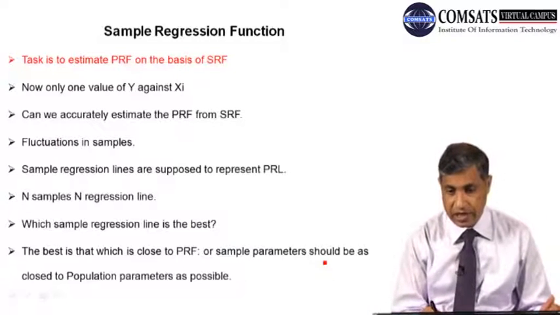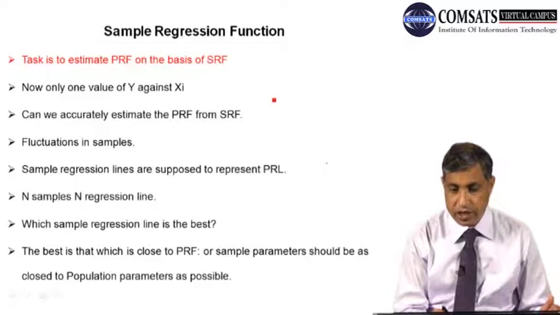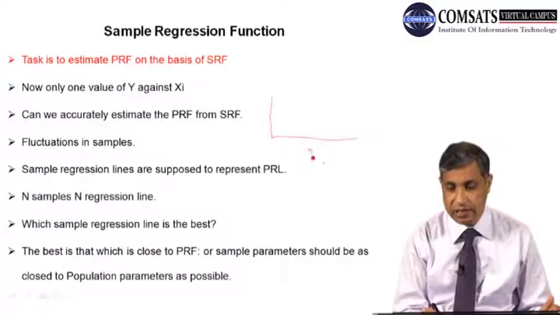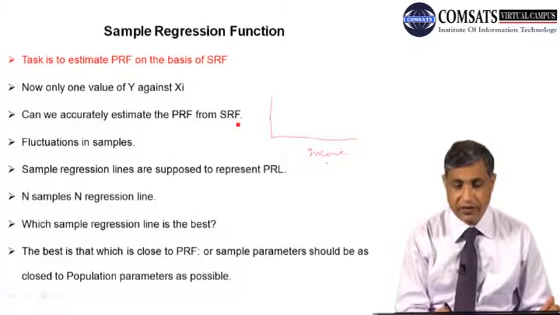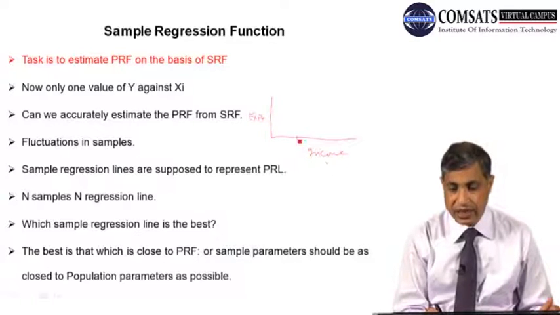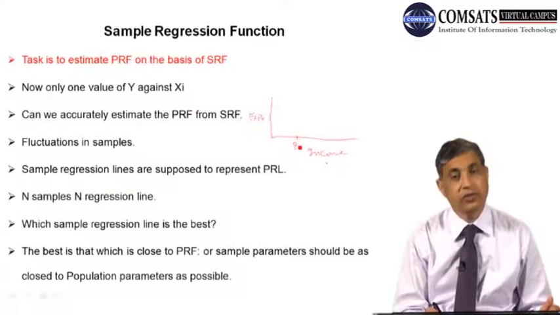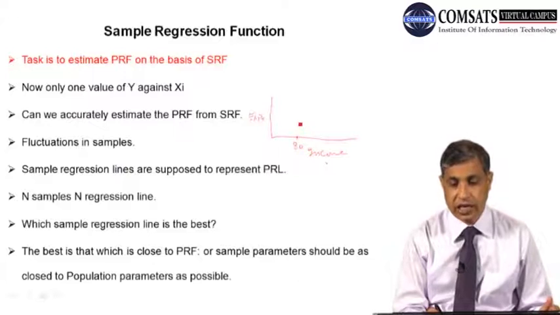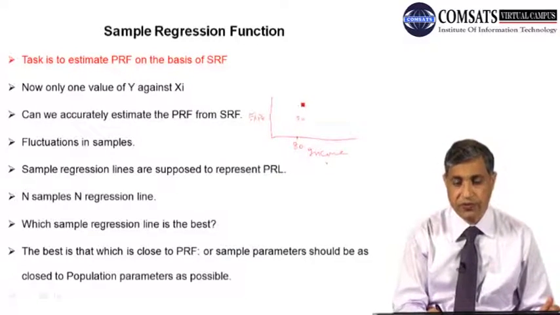This is very important. If you remember my previous example, here was the weekly income, and here was the expenditure. For example, families with an income of 80 per week have consumption of, for example, 50, 60, 70, 80.